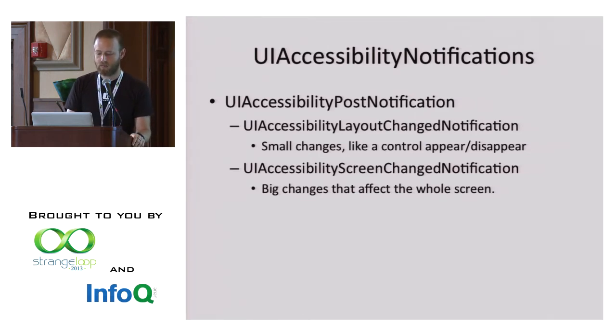UIAccessibilityPostNotification can be used for a lot of different notifications, but for most custom controls, all we really need to do is post either a layout change notification, which is for very small changes. This is for things like having a control appear or disappear on the screen.